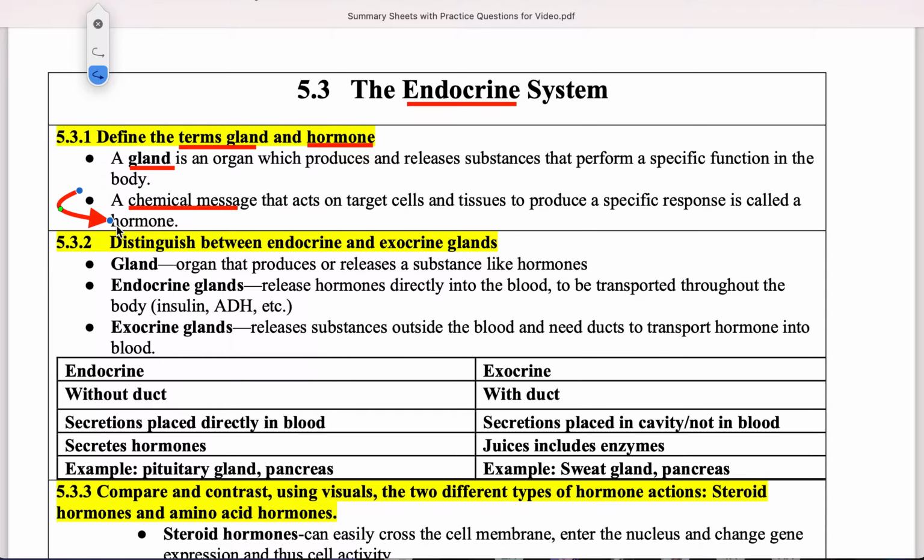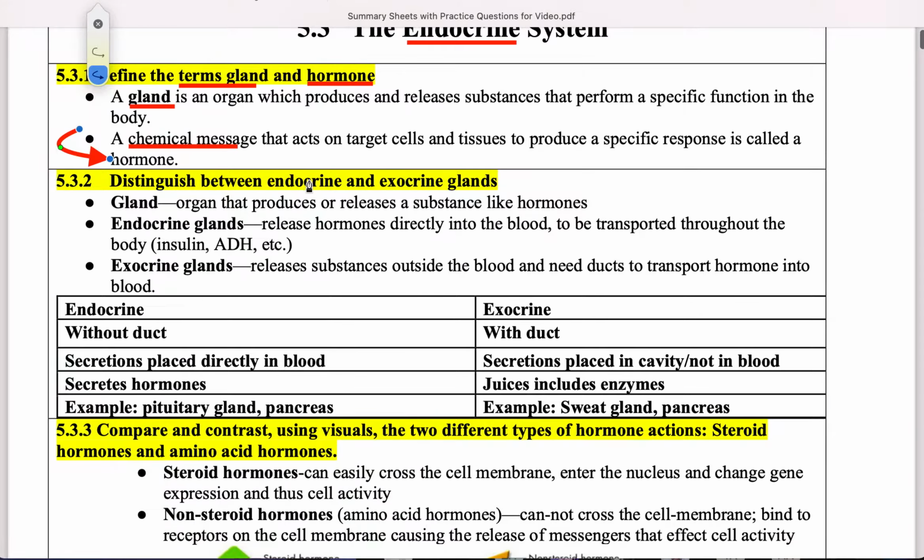So it's very simple. A gland is an organ, and a hormone is the chemical message produced or released from that specific gland. Moving further, we will see that there are two types of glands, endocrine and exocrine. The word endo means inside, and exo means outside. Endocrine glands release their substances directly into the blood.